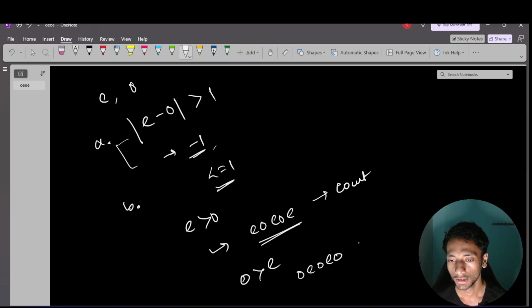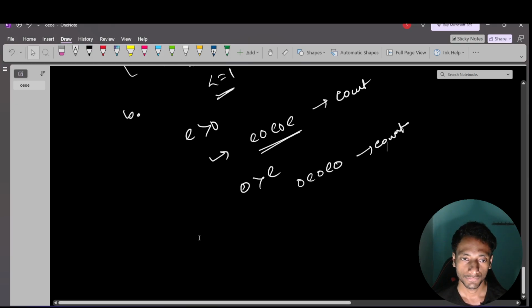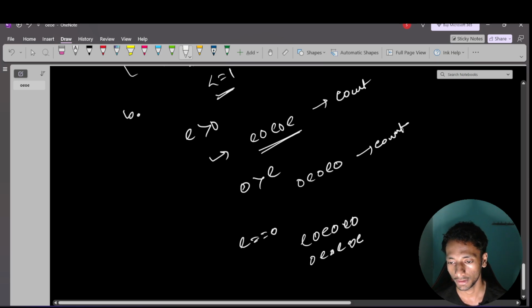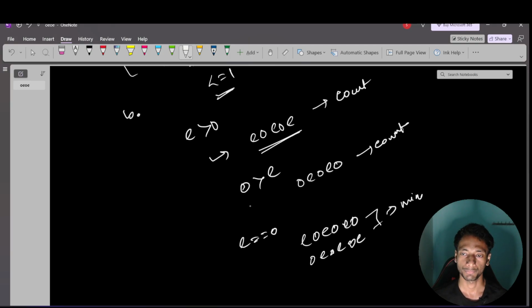If even equals odd, I will check both patterns, starting with even, odd or odd, even, and I will ultimately return the minimum of these. Got it? The logic is clear. Now go to the code.